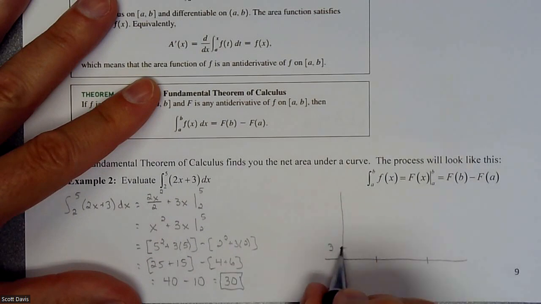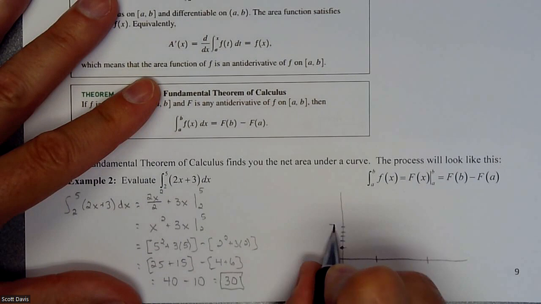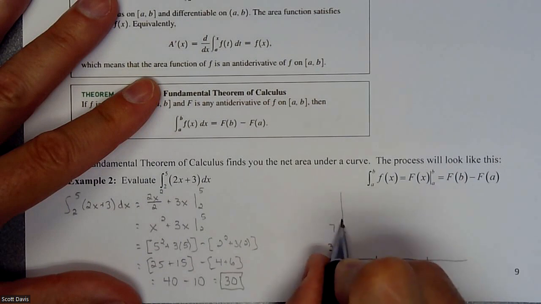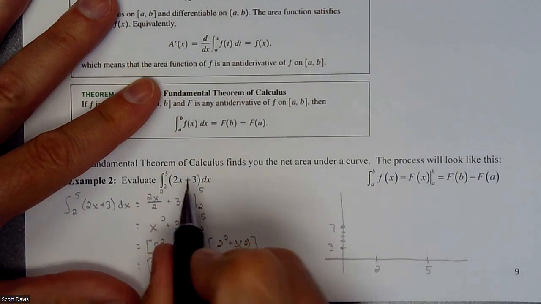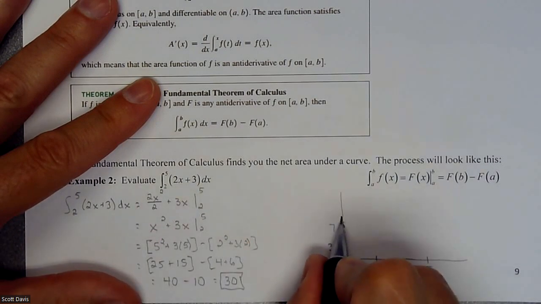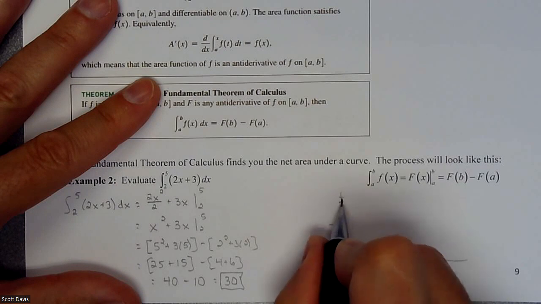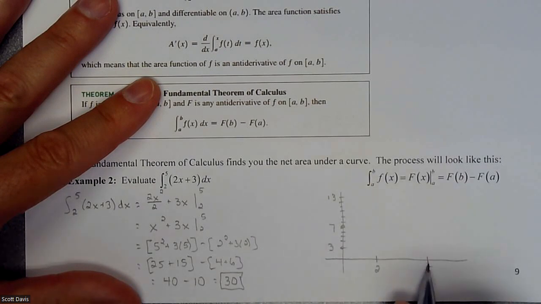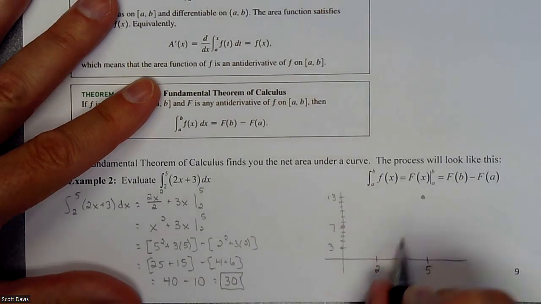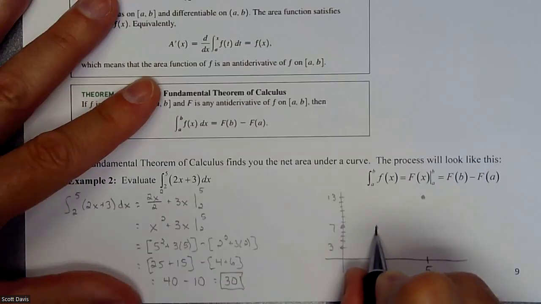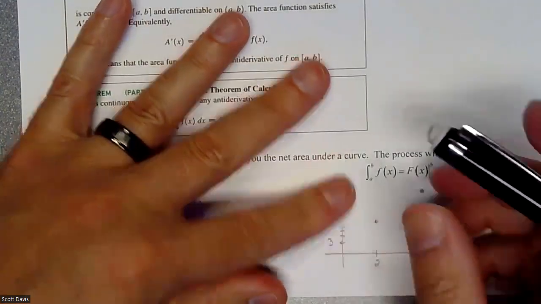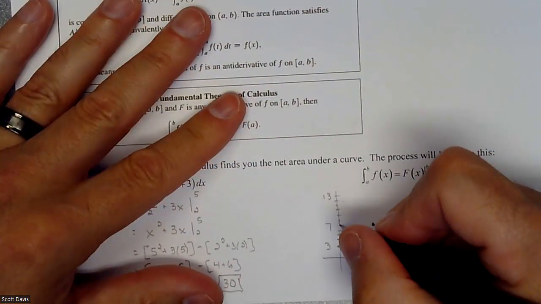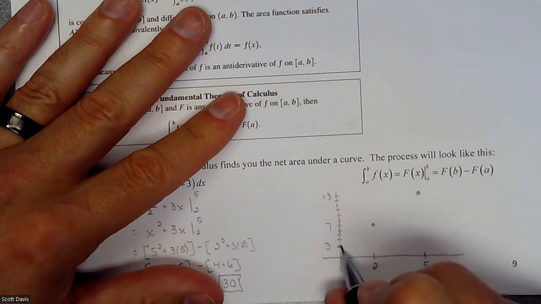So there's one point, and then 3, 4, 5, 6, 7. And when we plug in 5, we would get 13. So 7, 8, 9, 10, 12, 13. I have this point, and I plugged it on the y-axis. It was the 7, yes, but it's when our x value is 2.